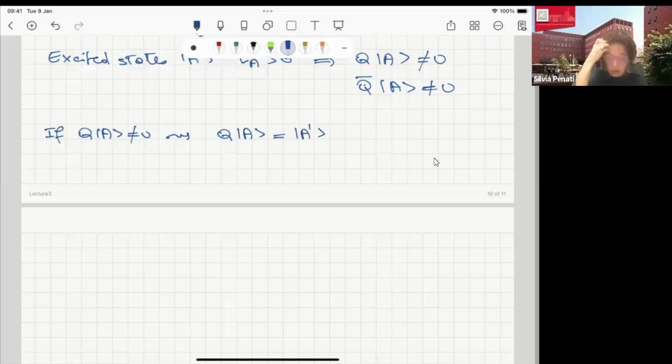But remember that I told you that Q, in particular Q alpha, are the two components of a bispinor.